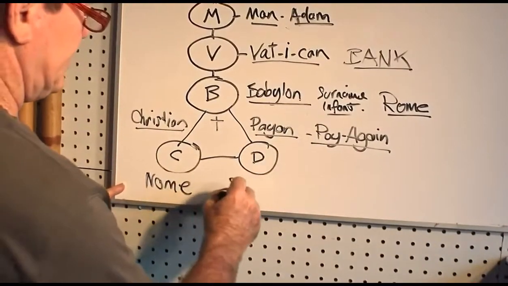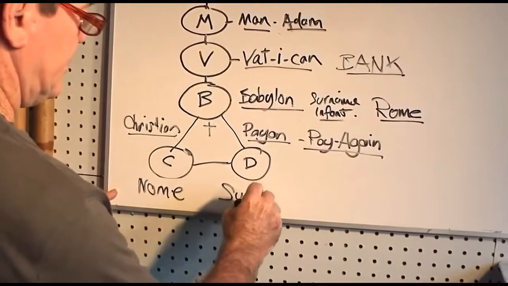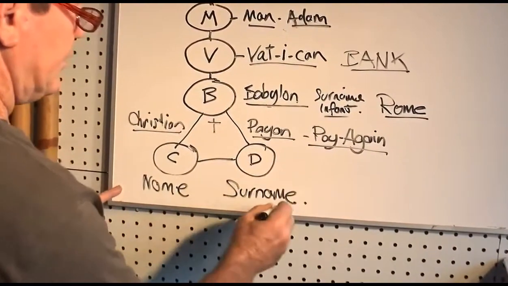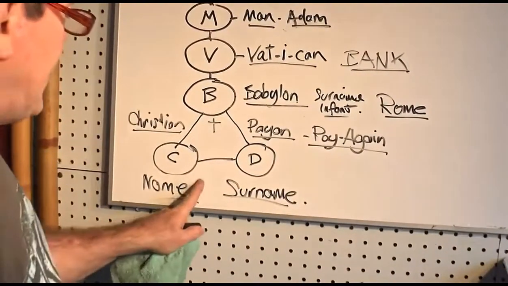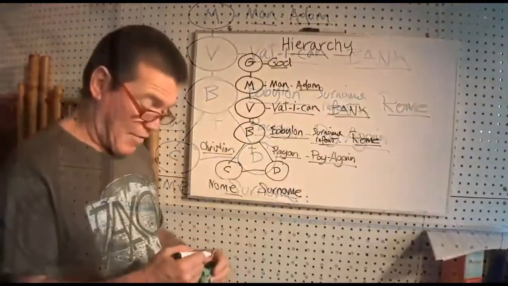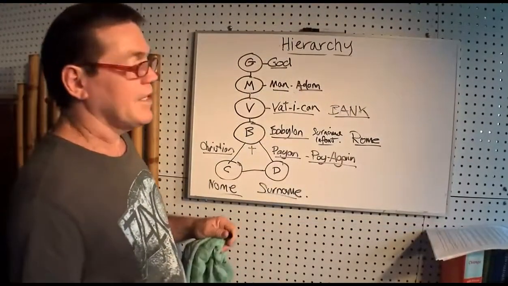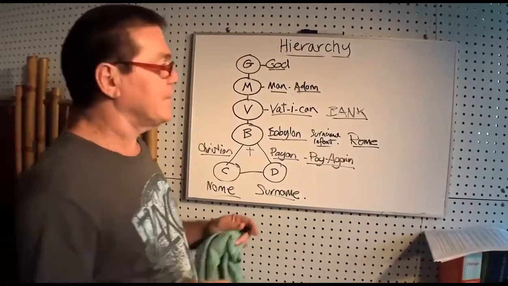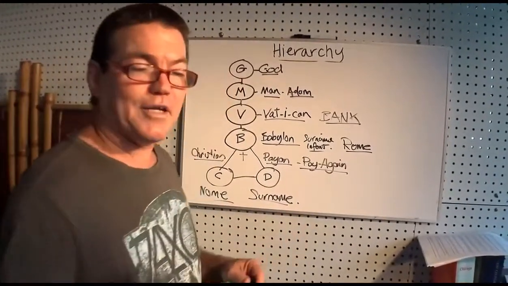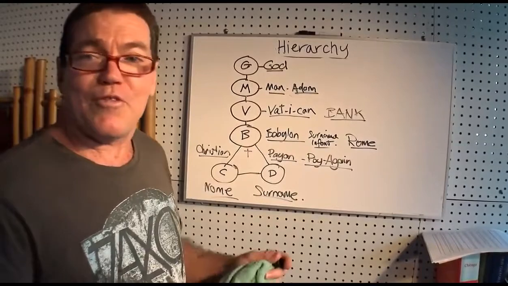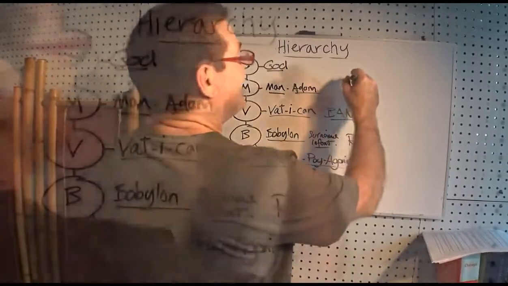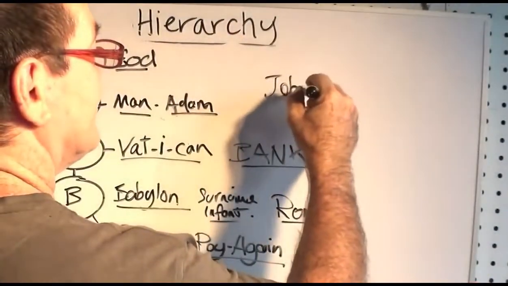This is the name. This is the name and surname. Have you noticed that's on your birth certificate? And then when you look at your birth certificate, let's talk about John Paul Smith.